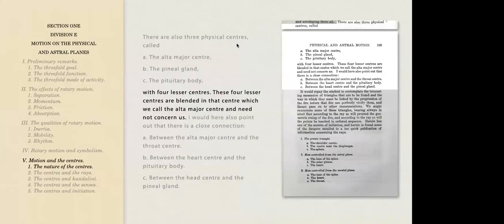So he says there are also 3 physical centers called alta major, pineal gland, pituitary body, with 4 lesser centers. These 4 lesser centers are blended in that center, which we call the alta major center, and need not concern us.